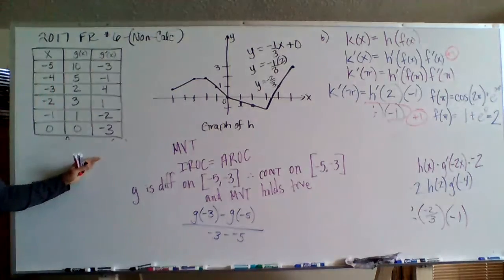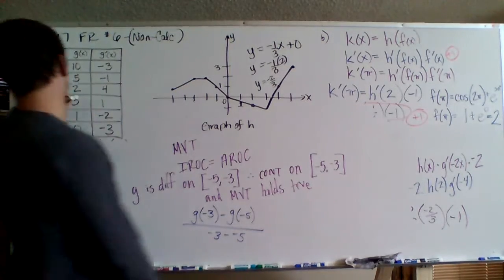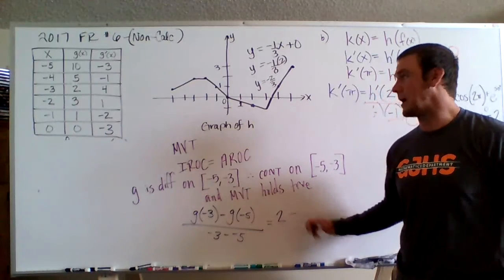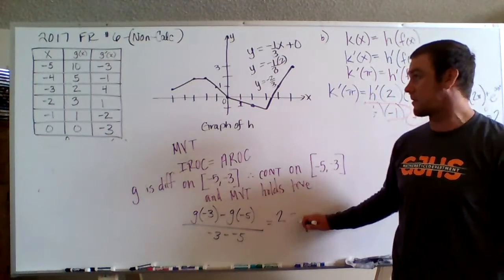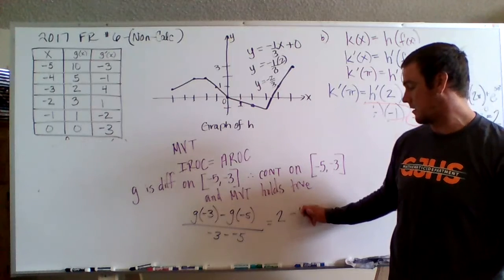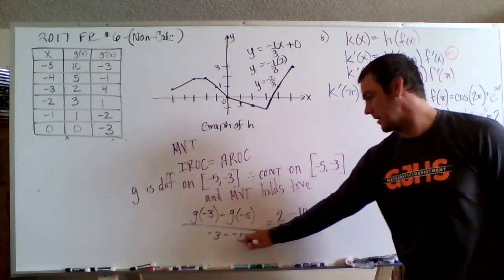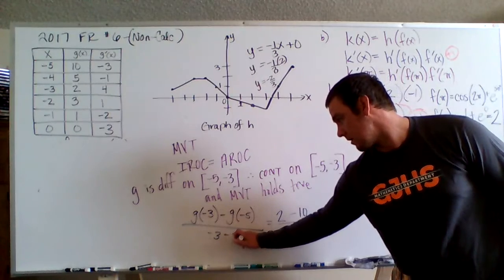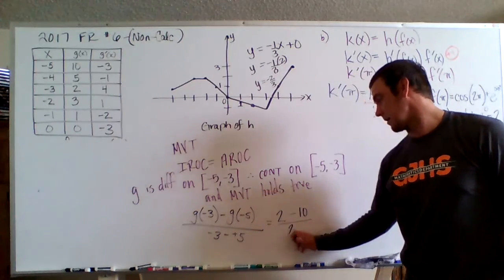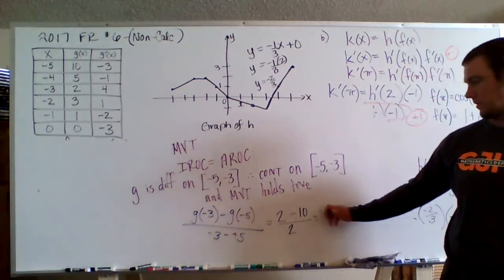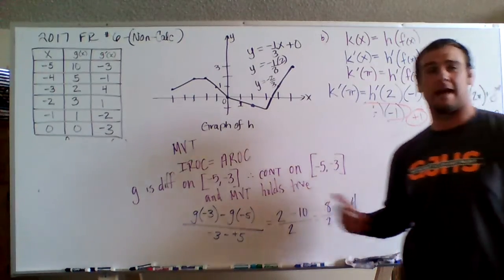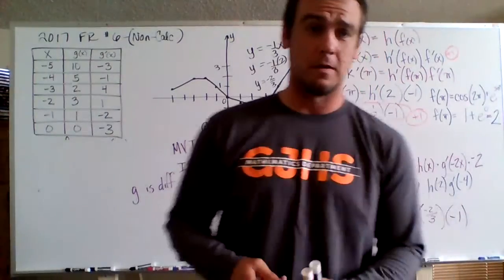And we'll just see what happens with this. So you know G of -3 is going to be 2. Minus G of -5 is going to be 10. All divided by 3 minus a -5, so it's really going to make a 2. So this is -8 over 2, which is -4, and that's exactly the value that we're trying to get to.